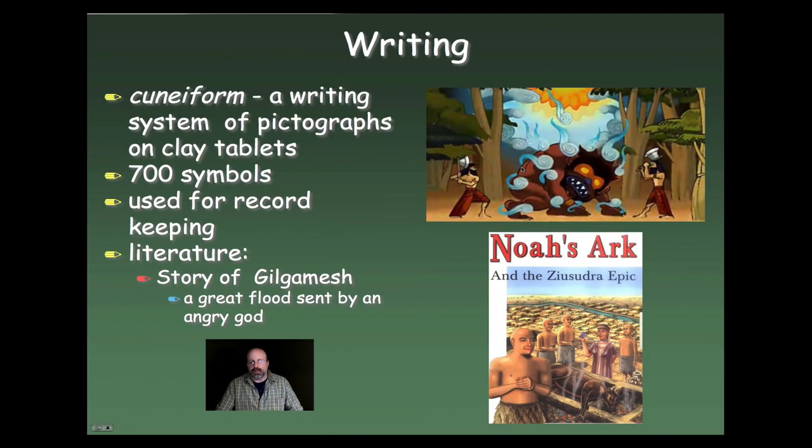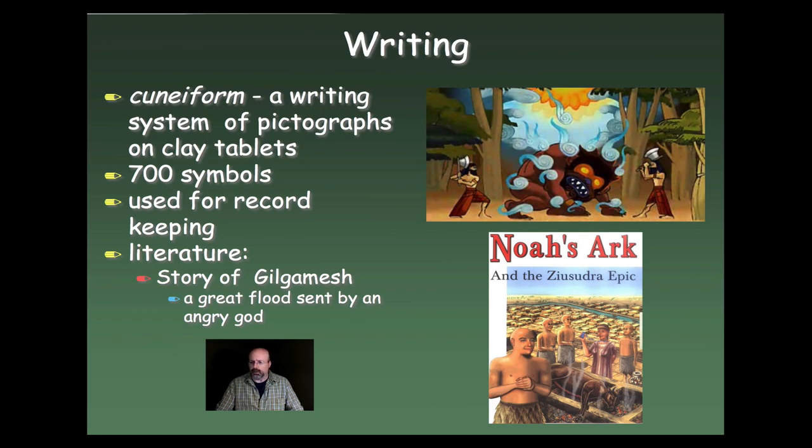Okay, as I said, there was some literature. And in fact, one of the most famous pieces of literature from the Mesopotamian world is the story of Gilgamesh. It's a great story. It's sort of an adventure, a story of friendship, two friends overcoming obstacles. But also in this story is the story of a great flood that's sent by an angry god. So it's an interesting story because it really does sound like the story of Noah's Ark.